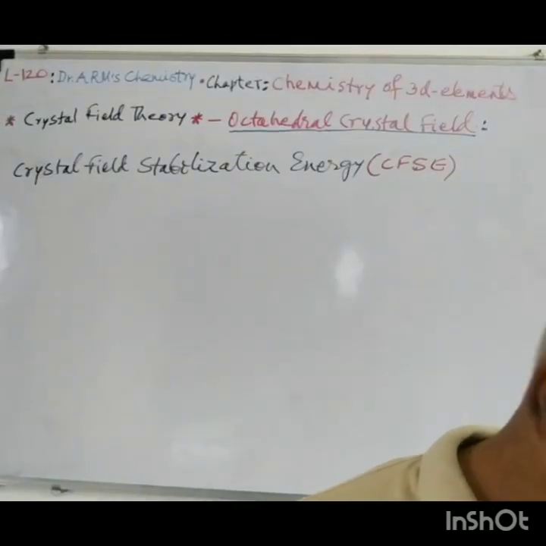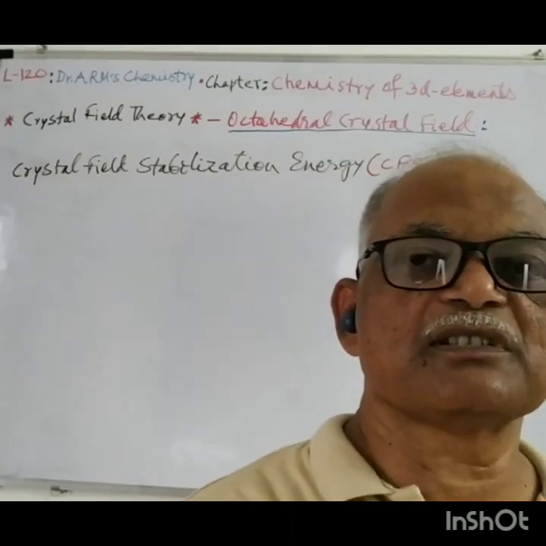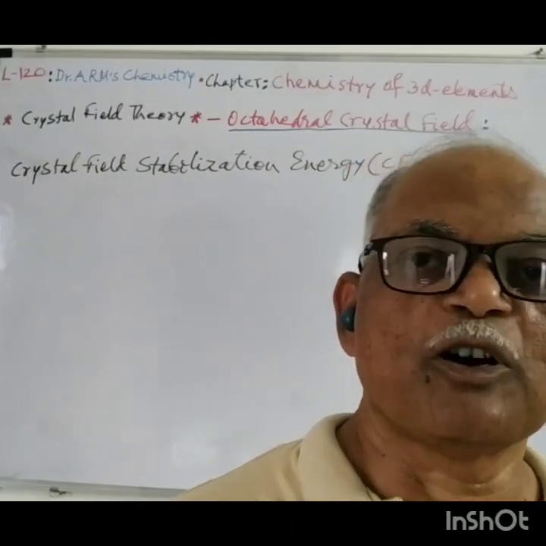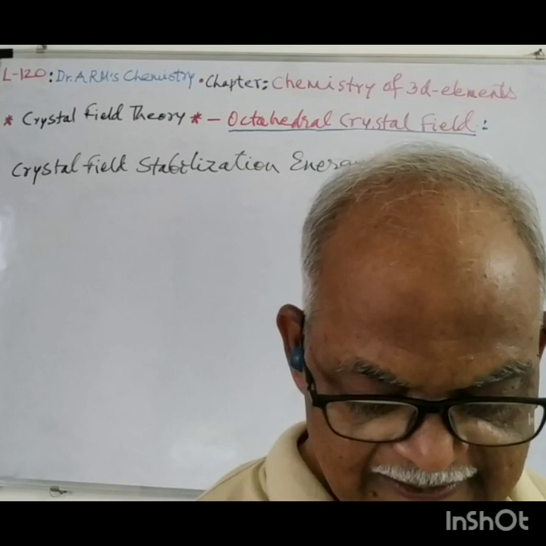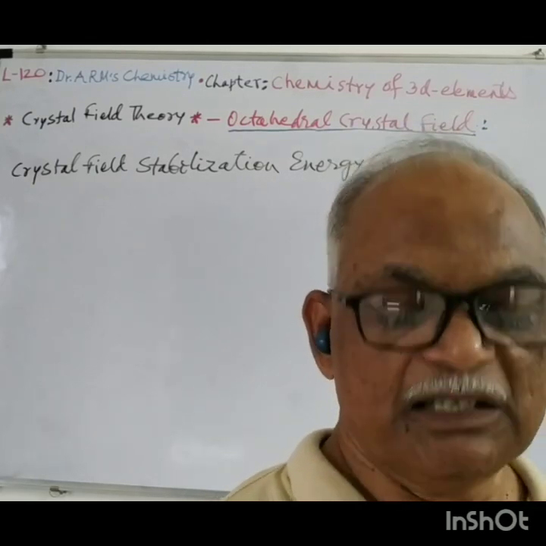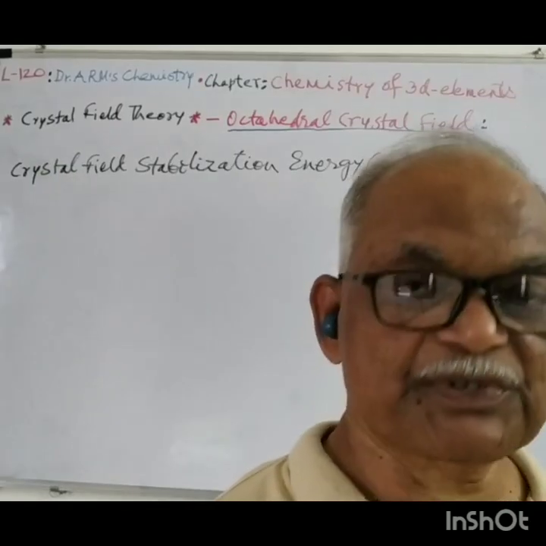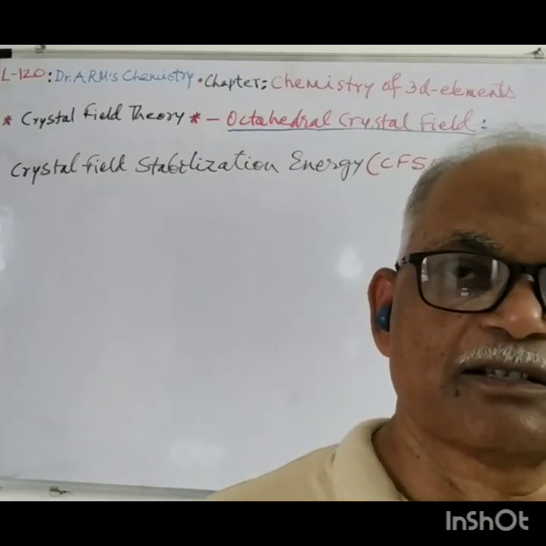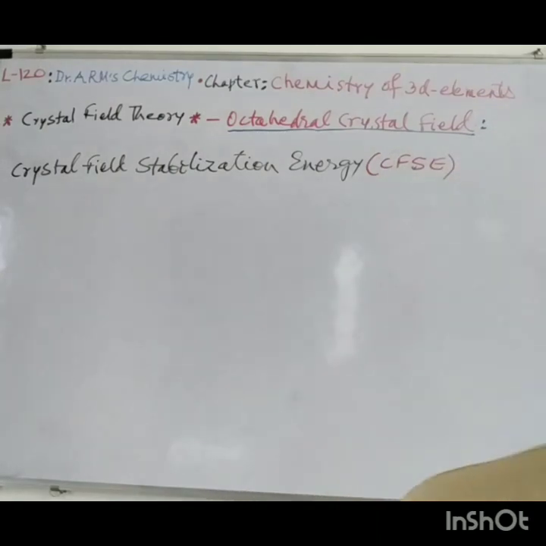The number of electrons depends upon the atomic number as well as the various levels, that is d level, 3d, 4d, 5d.